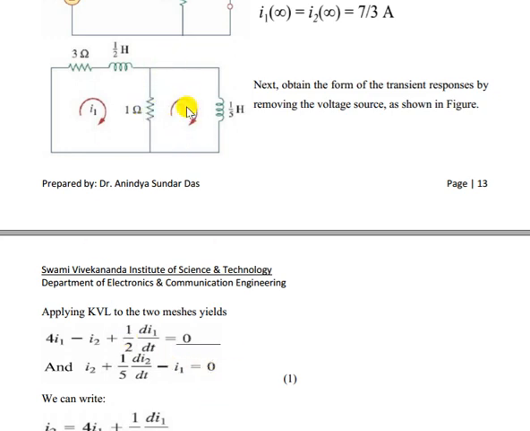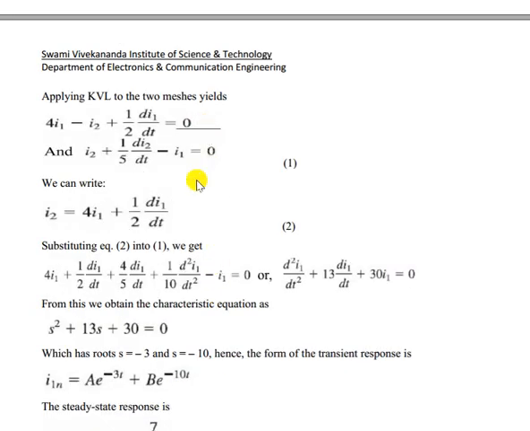And for the second loop, I2 minus I1, plus 1 by 5 di2/dt. So we got these two expressions.